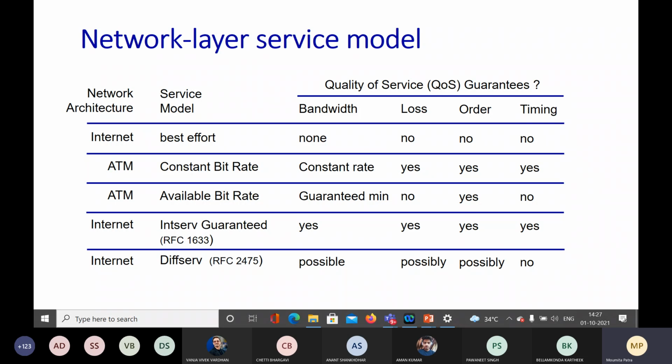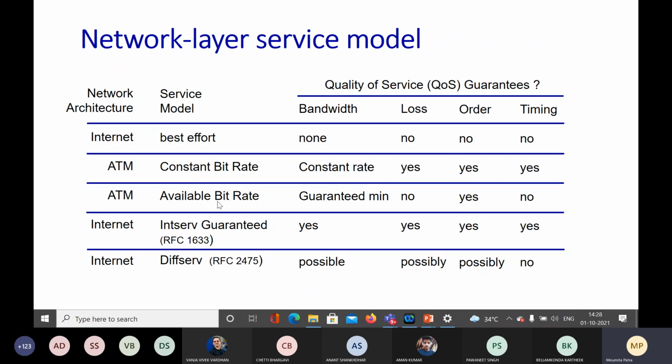For constant bit rate, the bandwidth is of constant rate, so a constant rate bandwidth is provided for end-to-end transfer of the flow of data. In-order delivery is provided, and a timing bound is also provided in the CBR service model.